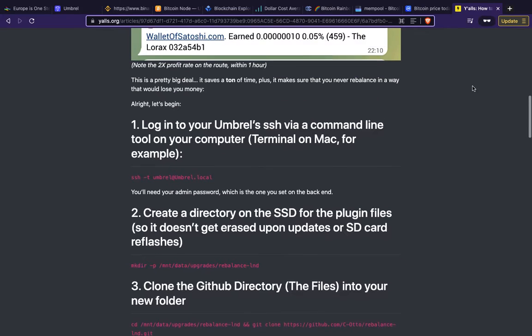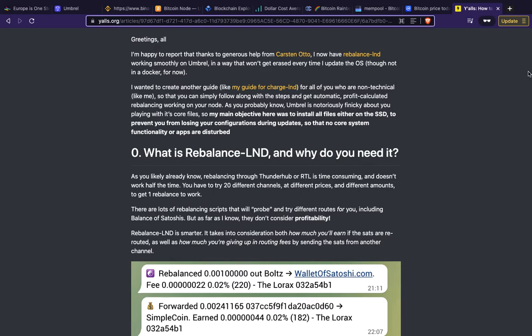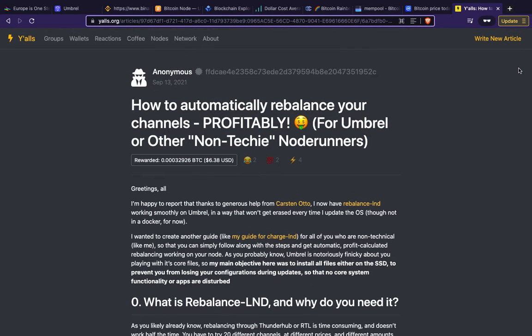This is a website that allows you to post something, you can post an article and you get paid by doing so. It's a very interesting website.